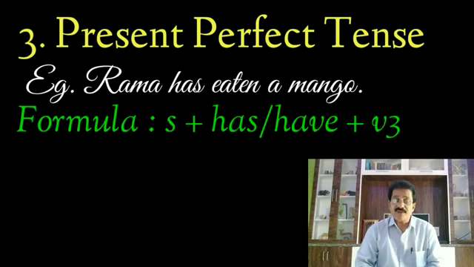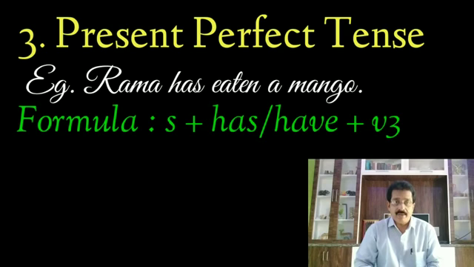Here again comes a choice. You can use has or you can use have. Which one to use? Very simple. Many make mistakes, I know, but here let me make it short and tell you. Has can be used only with third person singular: he has, she has, it has, Rama has, Ravi has, not with any other subject, any other person.